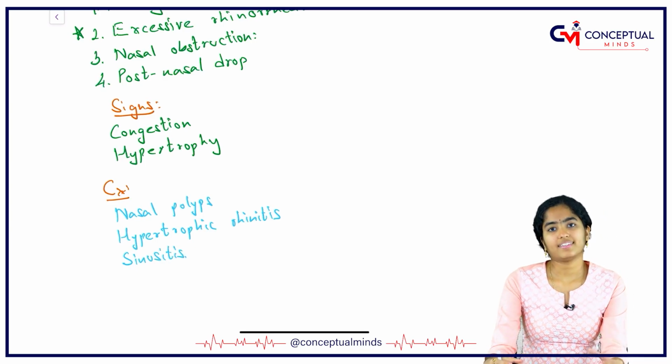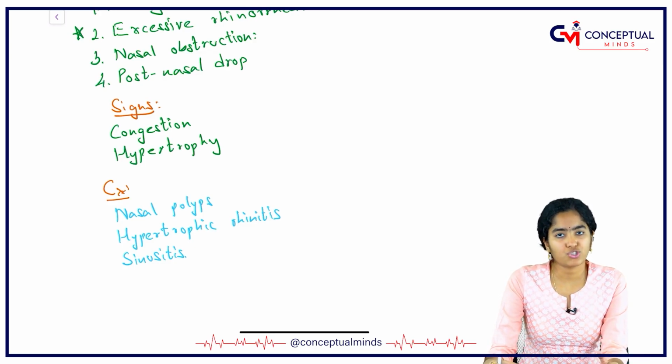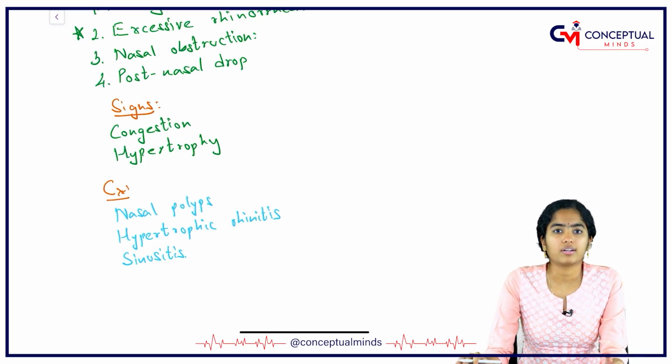When the nose is constantly filled with these hypersecretions, it's possible that the ostia of sinuses get blocked and infection occurs in that region, and hence sinusitis can occur. These are the complications seen in vasomotor rhinitis in long-standing cases.